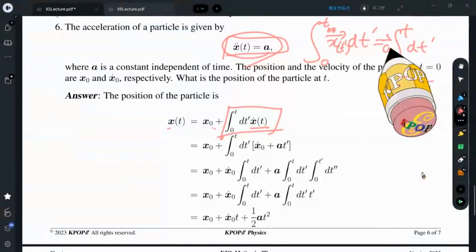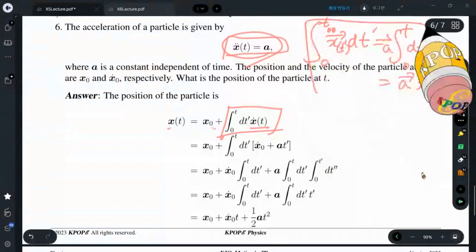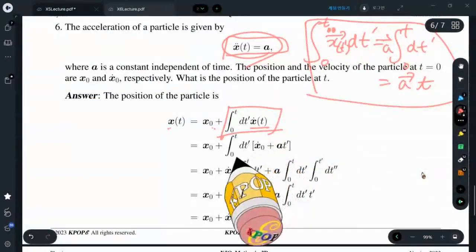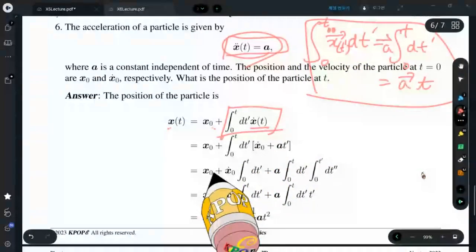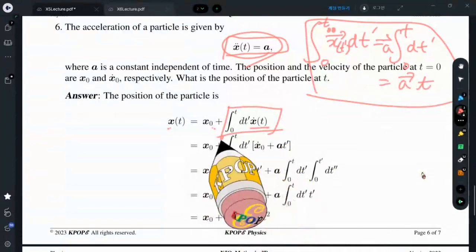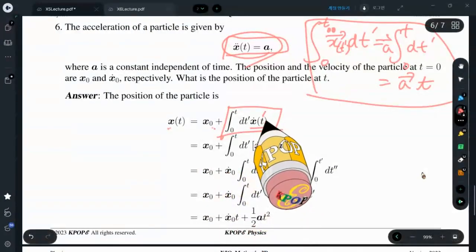Let's find it here. I have made a mistake. There should be a prime here.